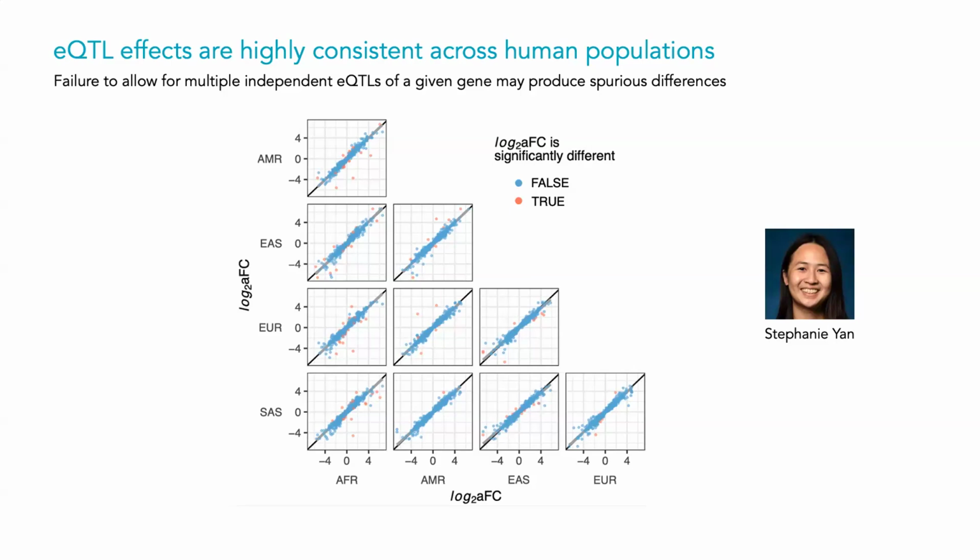When you allow for multiple causal variants and use the fine mapped QTLs, if we just contrast the slope, so the slopes that I showed on the previous slide, between any pair of populations, for example, African and South Asian, you see that the genetic effects on expression are remarkably consistent across different genetic backgrounds.